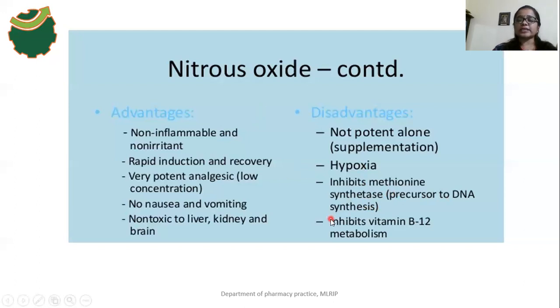Nitrous oxide also inhibits vitamin B12 metabolism. It inhibits DNA synthesis, it causes hypoxia, and it is not potent alone. Because it induces hypoxia, it is always used along with oxygen. And when it is used along with another general anesthetic drug only, it produces a potent analgesic effect.